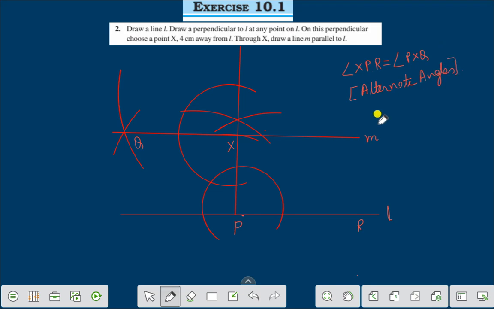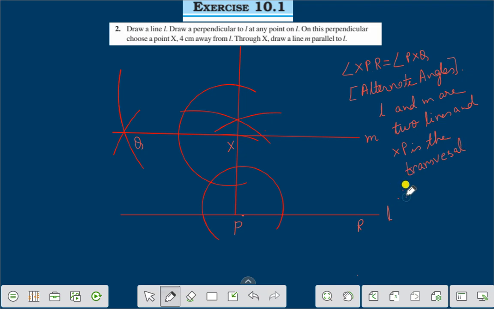And here you see, suppose L and M are two lines, and XP is the transversal. XP is the transversal, right?